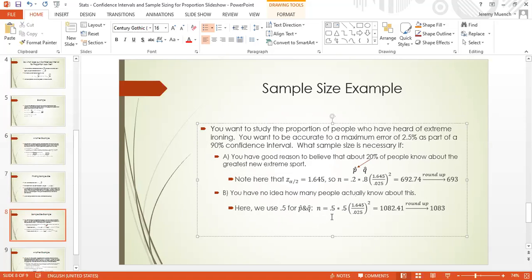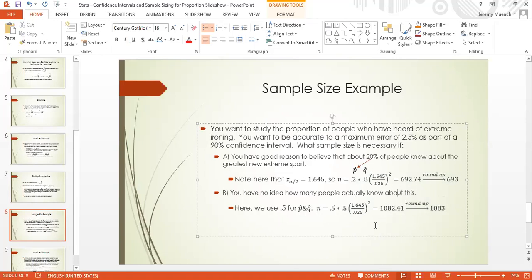So n here is just, instead of 0.2 times 0.8, it's 0.5 times 0.5 times 1.645 over 0.025 squared. And you can see that this number is noticeably larger than this one. It requires a larger sample size to guarantee that the confidence interval you want is going to come about.